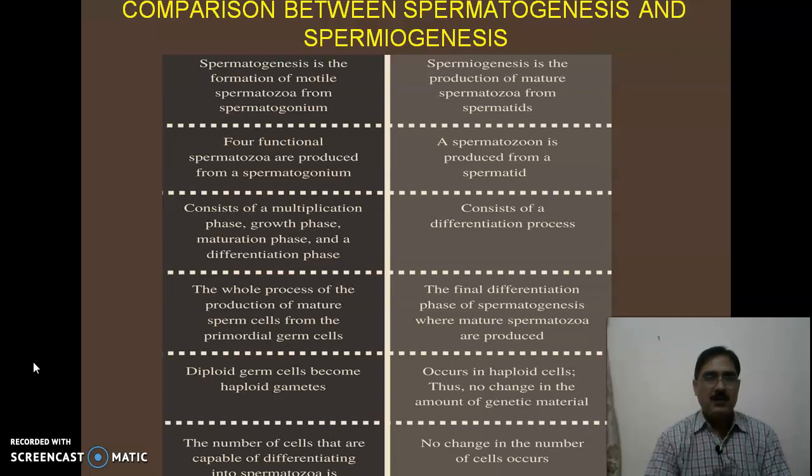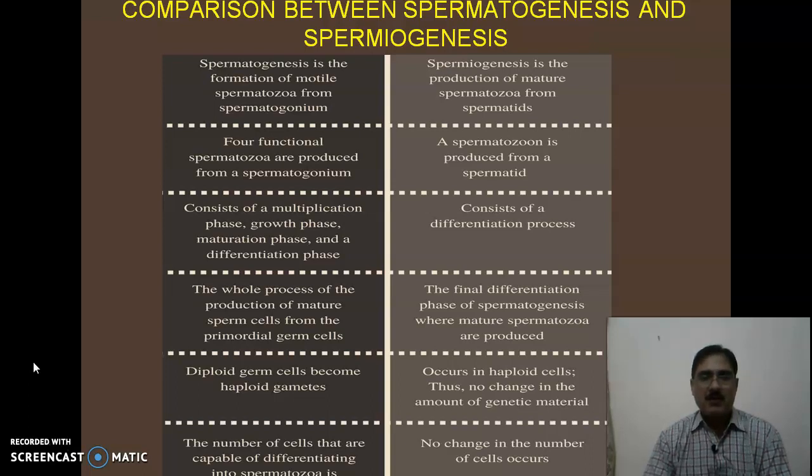Spermatogenesis is the whole process of production of mature sperm cells from the primordial germ cells, or PGC, while spermiogenesis is the final differentiation phase of spermatogenesis. It means it is a part of spermatogenesis where mature spermatozoa are produced.